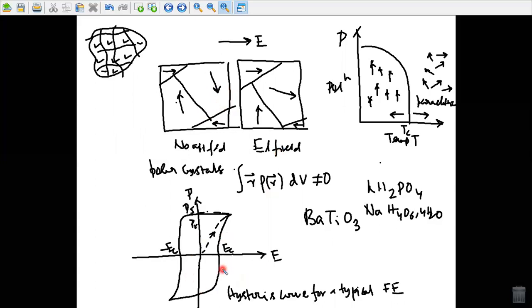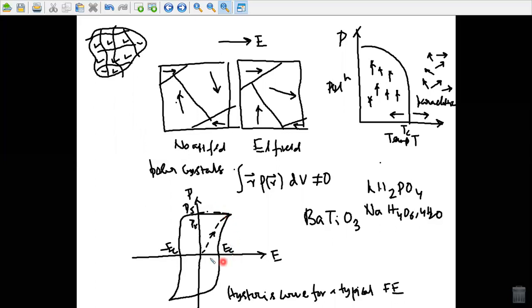The polarization of an initially unpolarized sample increases with electric field in a non-linear way until the saturation value PS is reached, when all the domains are completely aligned with the field. A further increase in E does not increase P, as all the dipoles are completely aligned.